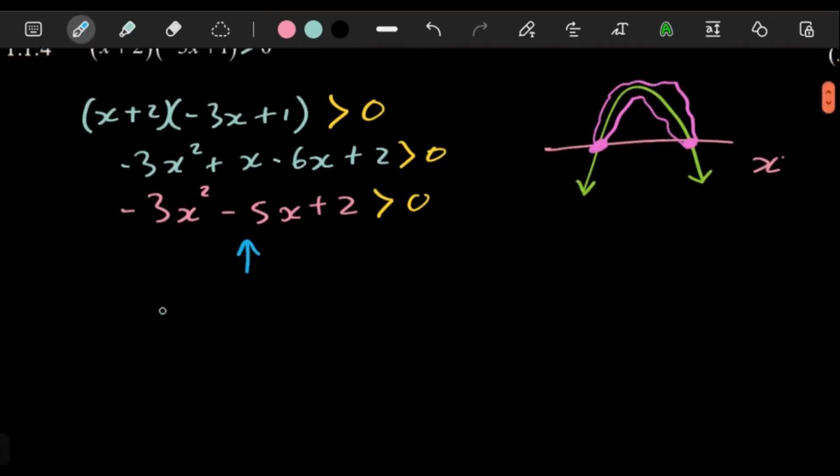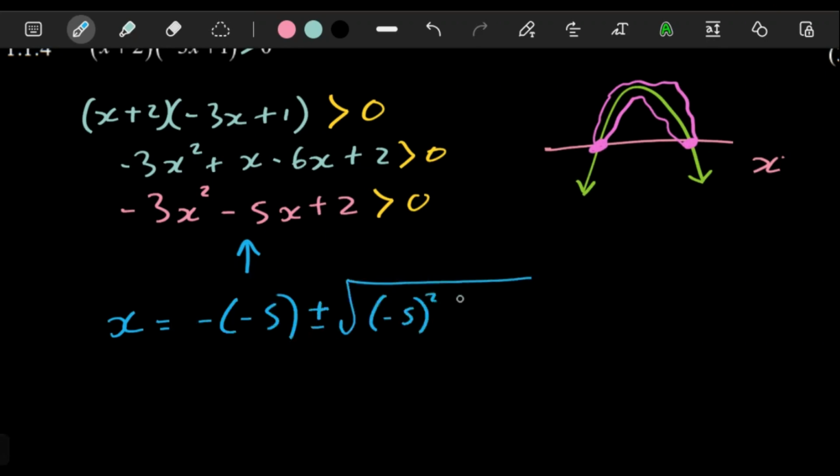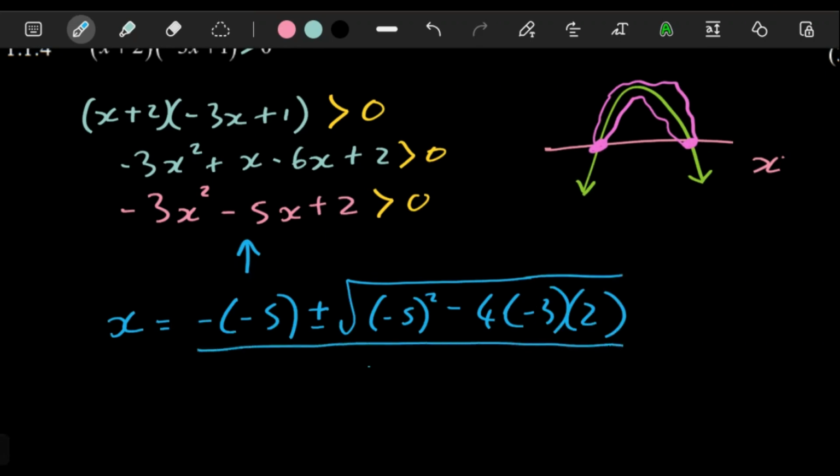We can actually just get answers using our quadratic formula. So minus b plus minus the square root of b squared minus 4ac, and the whole thing over 2a.